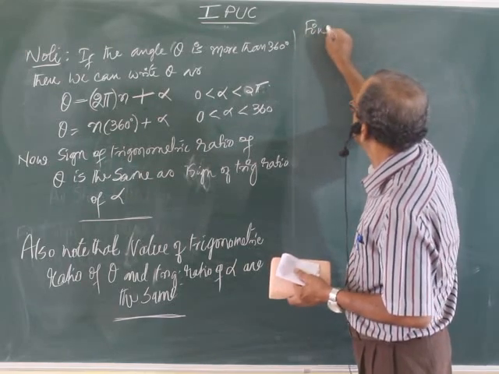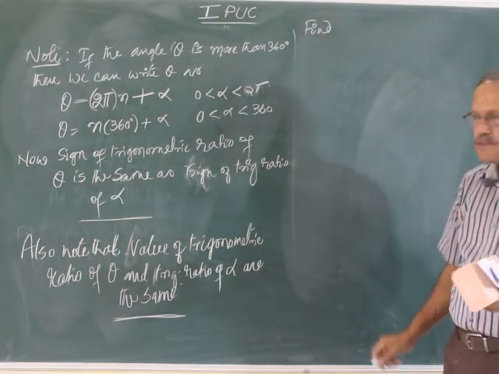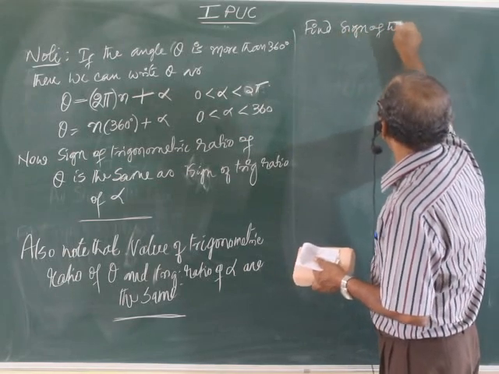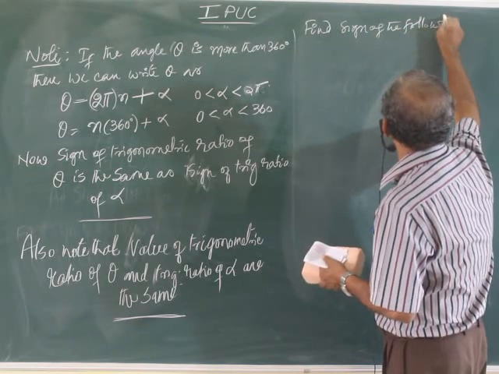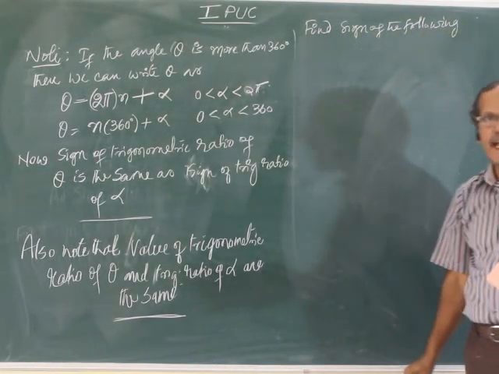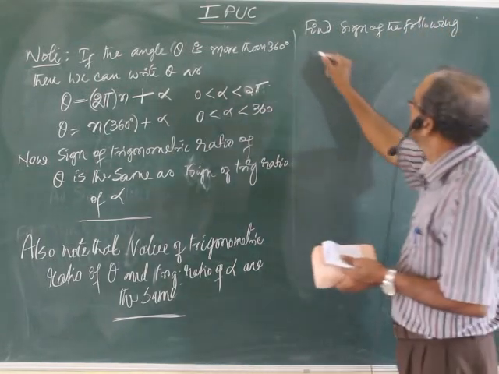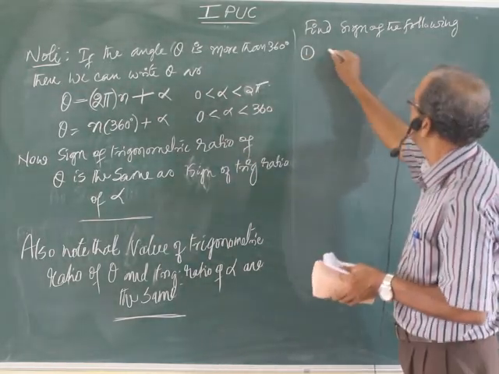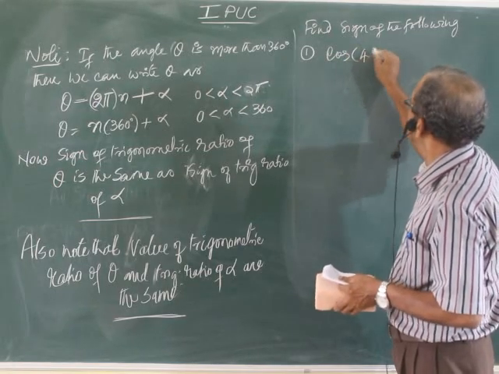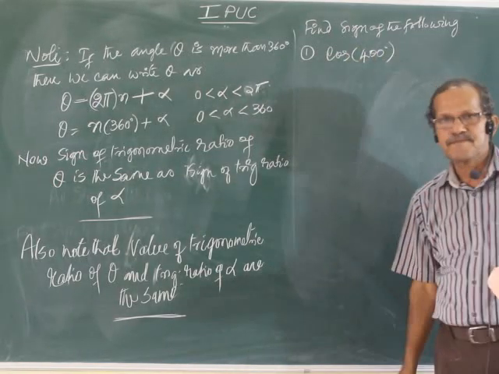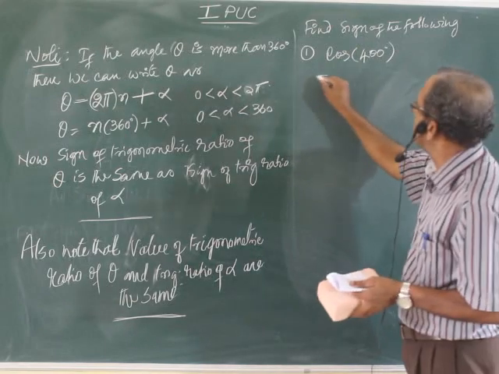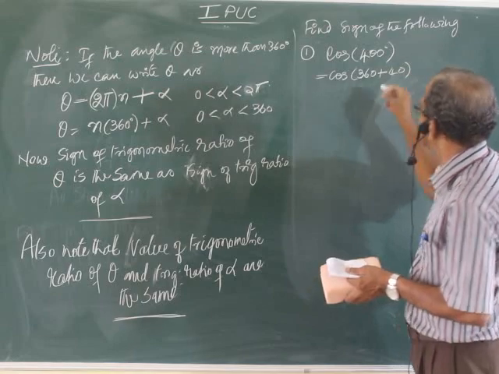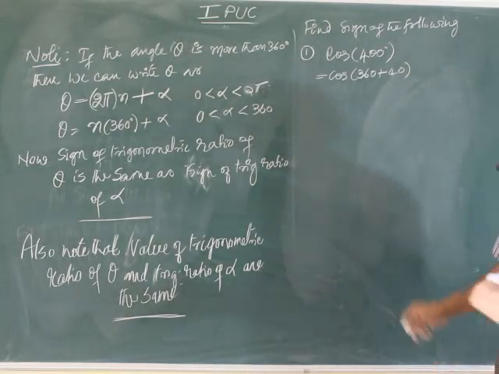Find the sine of the following. Only sine. Now let me give angles greater than 360 only. Cos of 400, careful. Remove the multiple of 360 first. 360 plus 40. I have given this example yesterday or in the last class.